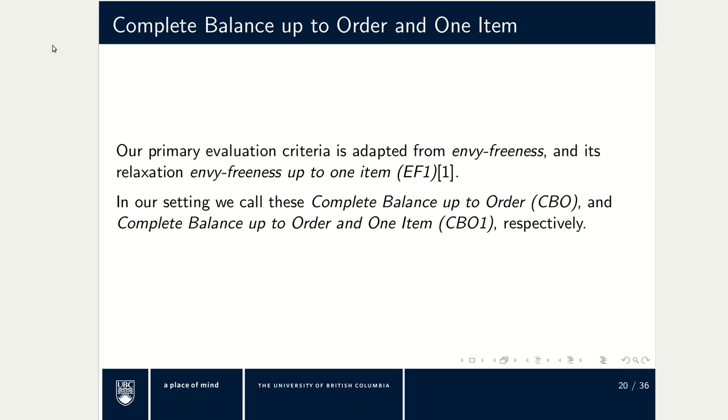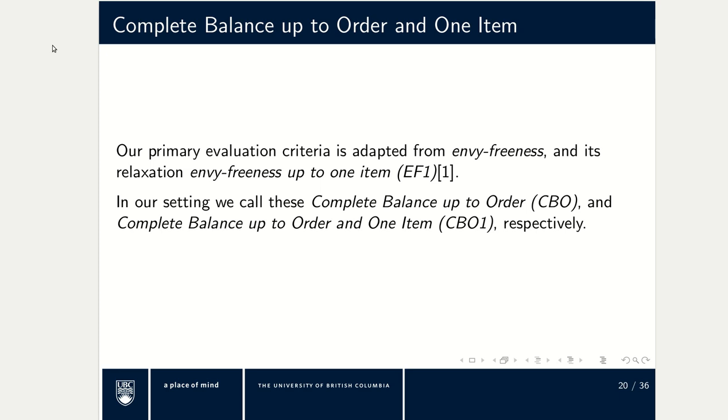I touched briefly earlier on envy-freeness. There's also a relaxation of envy-freeness called envy-freeness up to one item, which is if you could achieve envy-freeness between any two agents by just removing at most one item from the combined set of both teams, then you have envy-freeness up to one item.